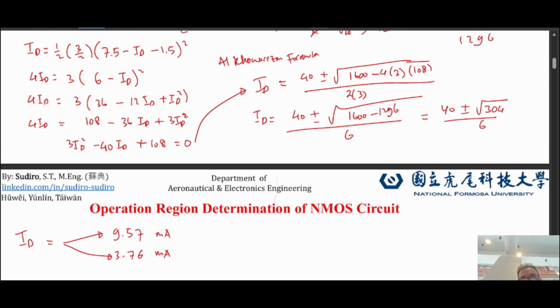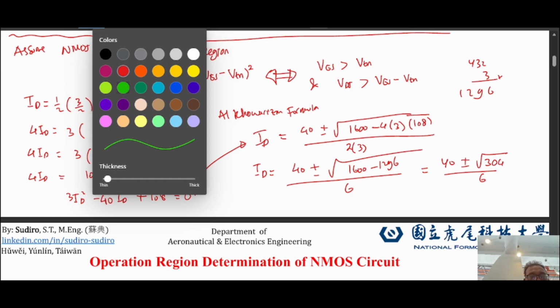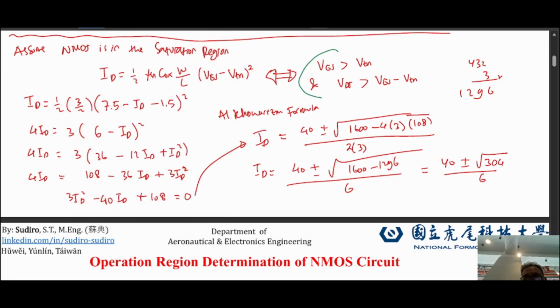So we will evaluate the implication here. We already get the ID, so the next step is to evaluate the implication.